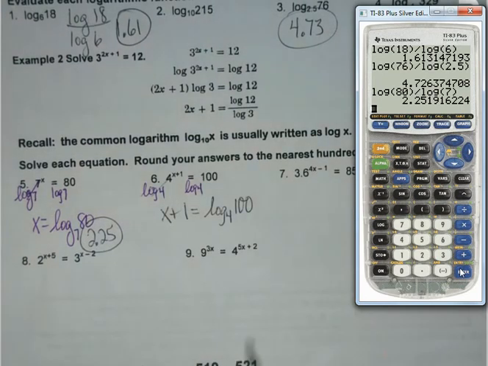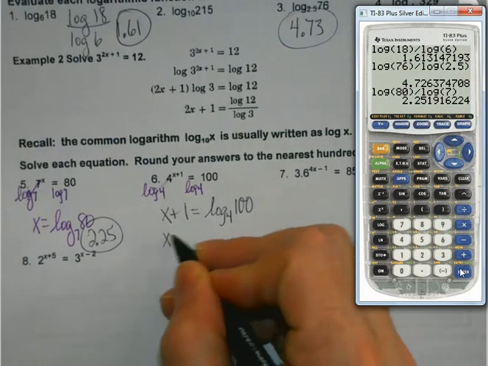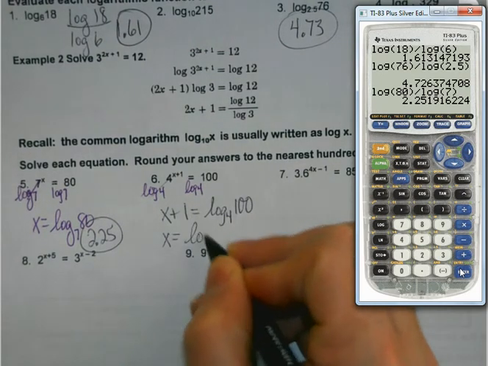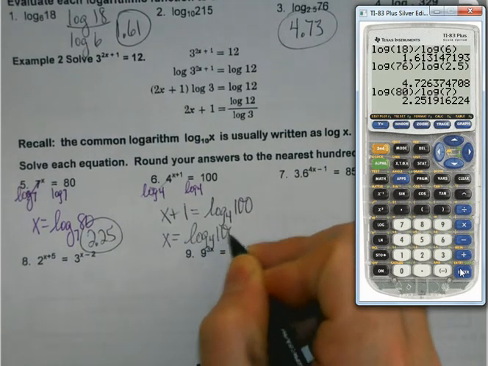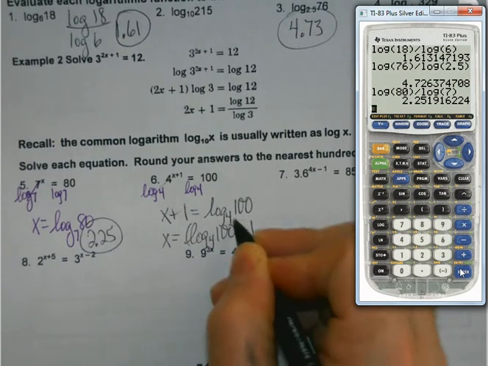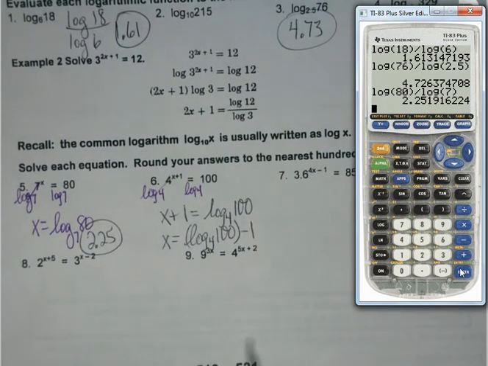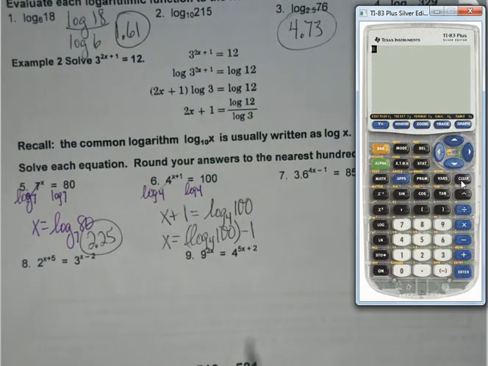Over here, I've got log base 4 of 100 plus 1. Now, there's a couple of things we got to be cautious of here. I've got to minus that 1 over. Not, though, to my logarithm. Don't turn this into log base 4 of 99. It doesn't work. So what I would do is go ahead and do my logarithm first.